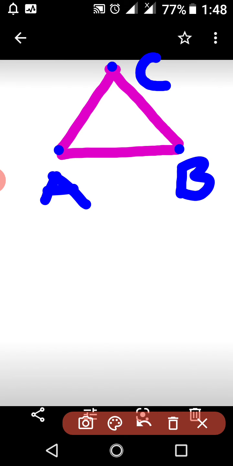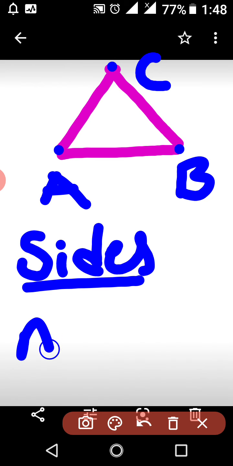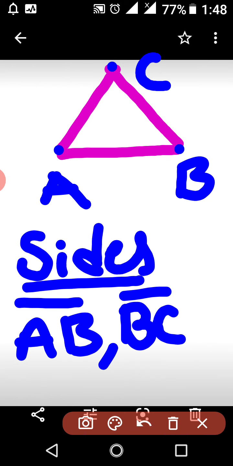From this diagram, we are going to identify the lines or sides. So this triangle has 3 sides. Now what are the 3 sides here? For this triangle ABC, the first side is AB, which is a line segment. Now the second side is BC. Now the third side is CA.